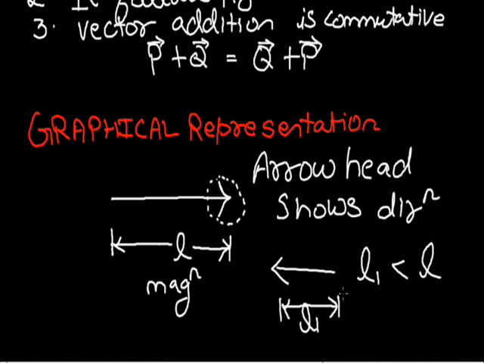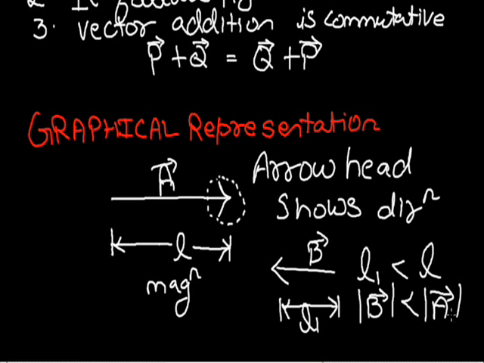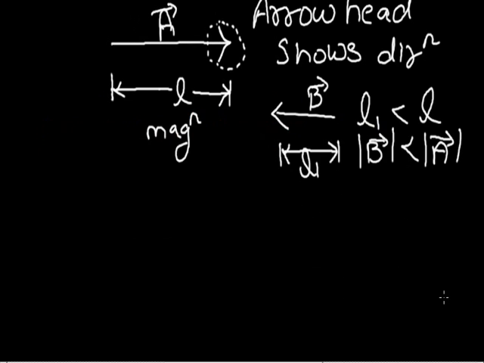So this means if this is say B vector and this is A vector, then this definitely means the magnitude of B vector is less than the magnitude of A vector. And what can we say about the direction? It is in opposite direction. B is opposite to A.